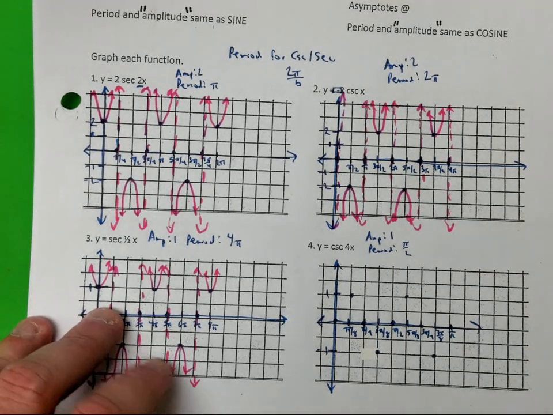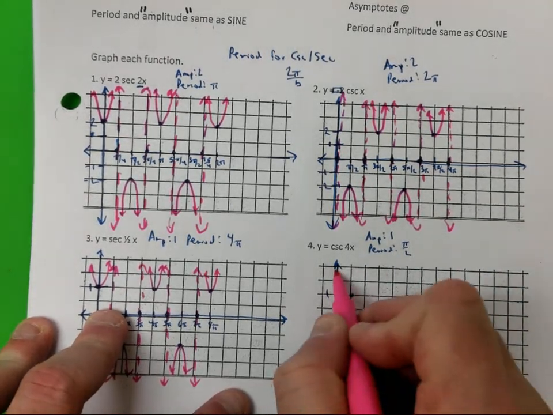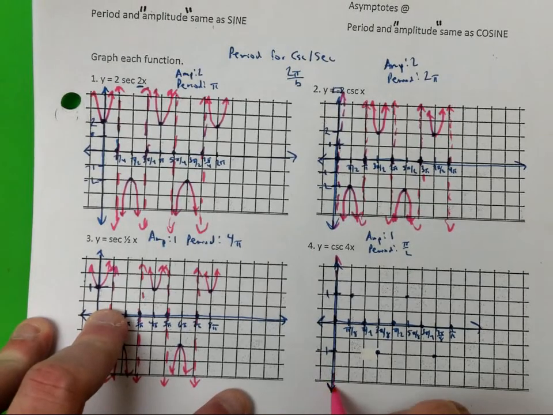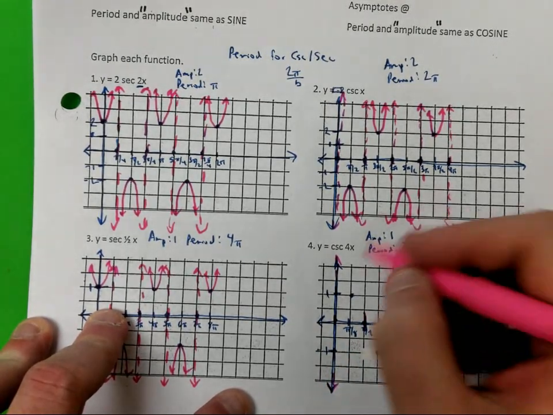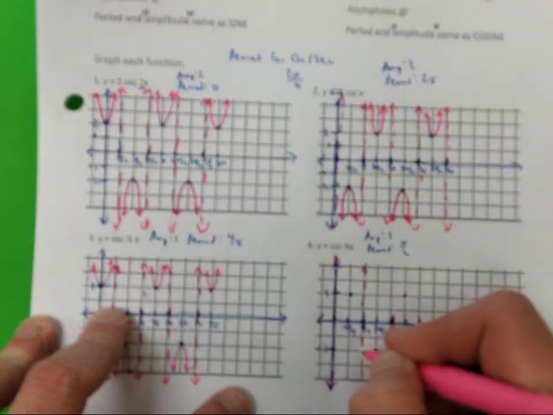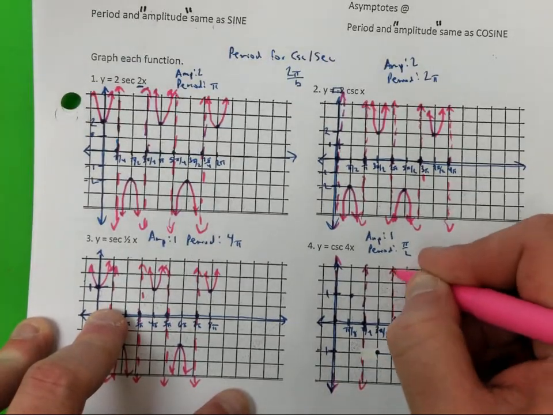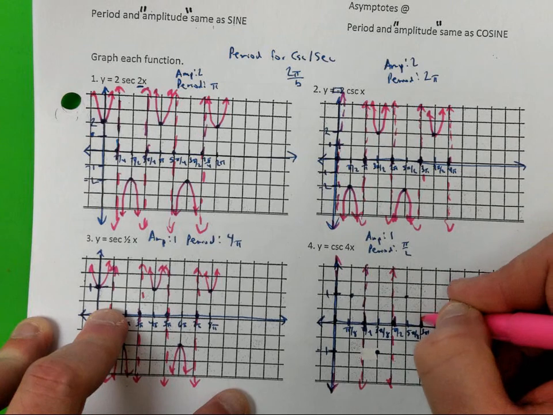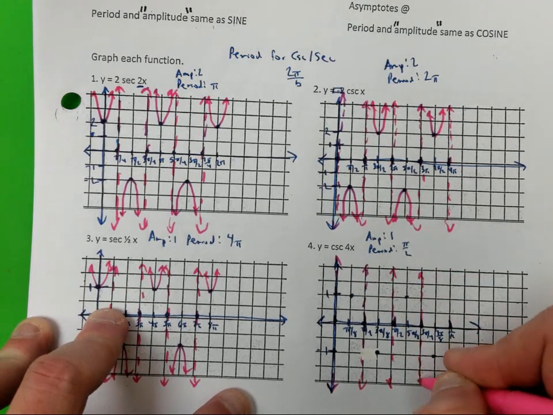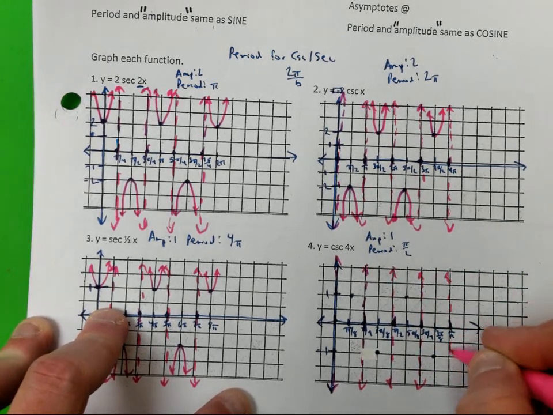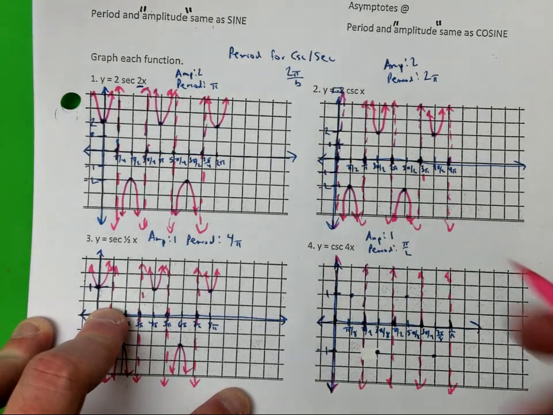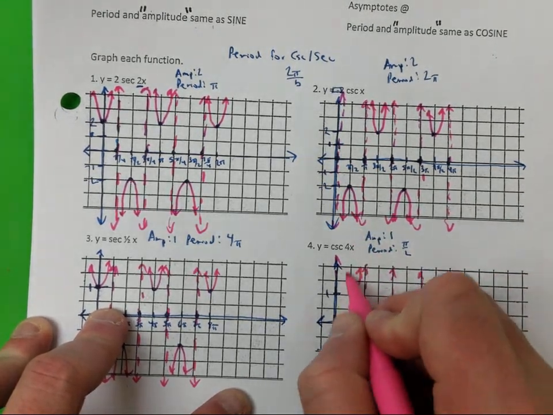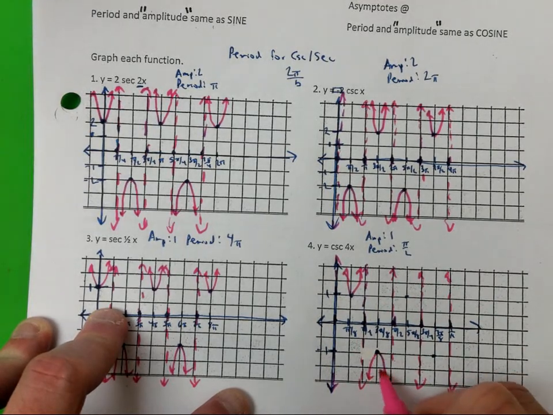Wherever it crosses the x-axis, the dot on the x-axis will be an asymptote. So here, here, here, here, and here. You graph two cycles.